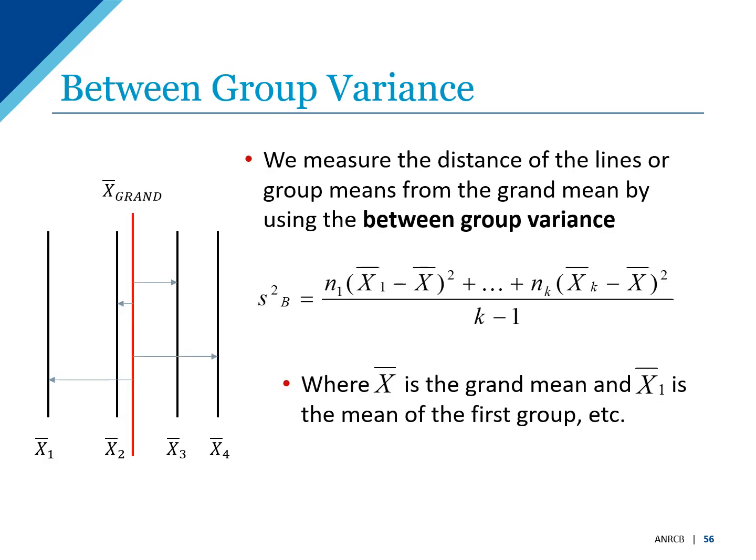To calculate the between group variance, we measure the distance of the lines or group means from the grand mean using the following formula, where x bar is the grand mean shown here as the red line, and each x bar subgroup is the mean of each group.